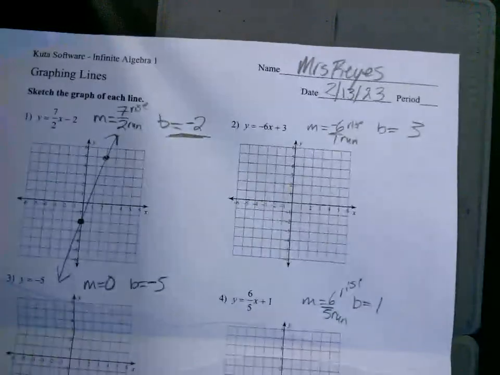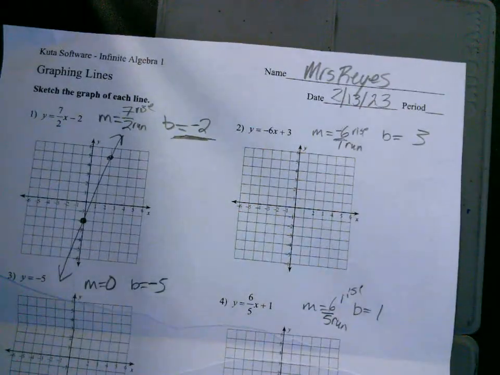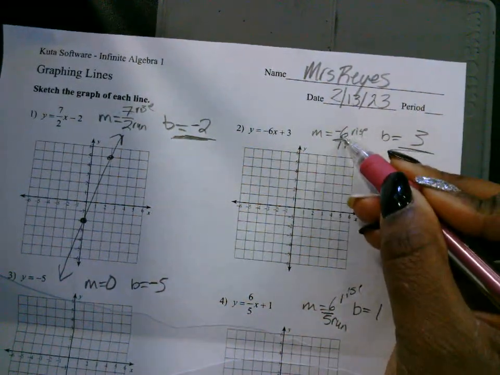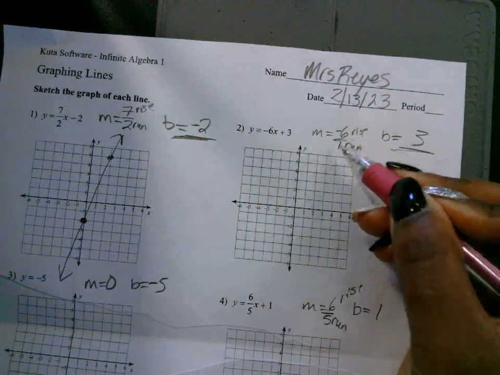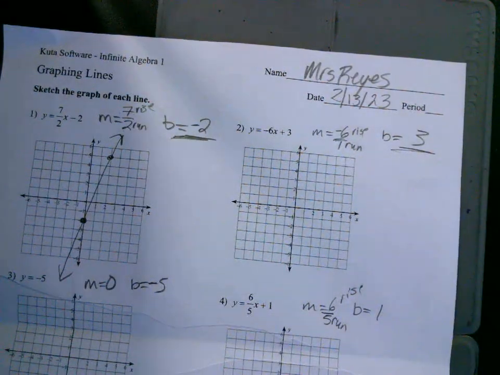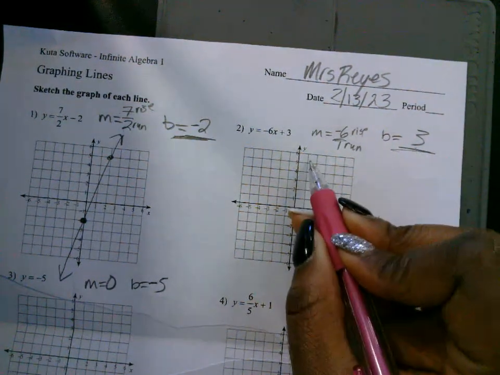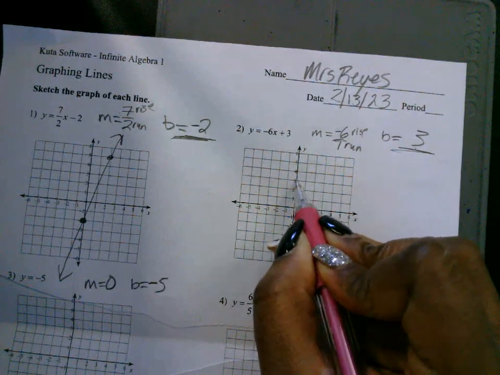All right, number 2. See if you can do number 2 on your own. You're going to find 3 on the y-axis, and you're going to do rise over run. -6, that's down 6. +1, that's to the right 1. All right, here we go. Find 3 on the y-axis. 3 on the y-axis is up 3 from the origin here.